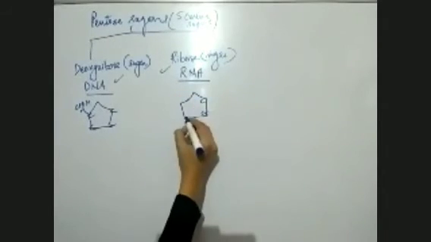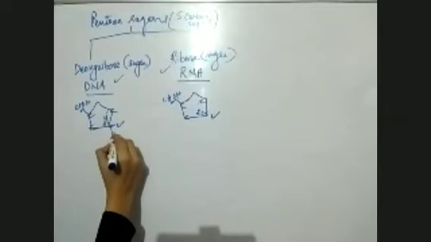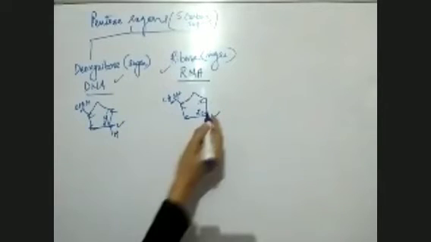This is also a pentose sugar. This is first, this is second. The difference between the deoxyribose sugar and ribose sugar lies at the second position, and that difference is that here only H, hydrogen, is present, no functional group.